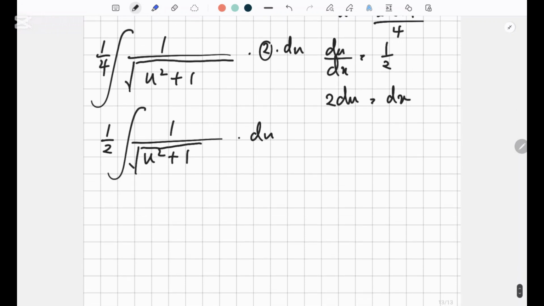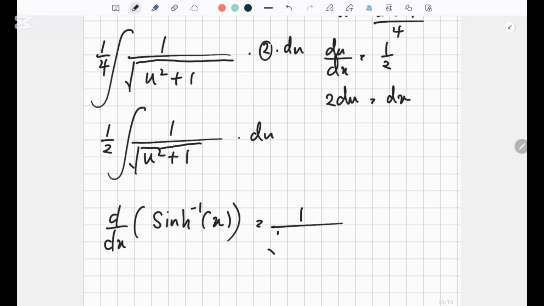So what is this now? This integration you have to remember. You'll definitely have it in your formula sheet. If you want a separate video with the proof of how I get it, you can just drop it in the comment section. Or else you can just memorize this. The differentiation of sinh inverse x is 1 over the square root of x² + 1. In this case it's u.